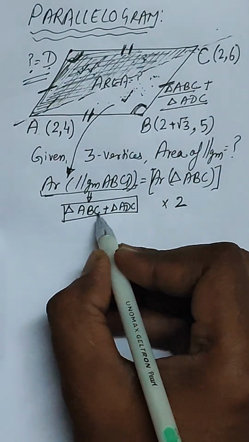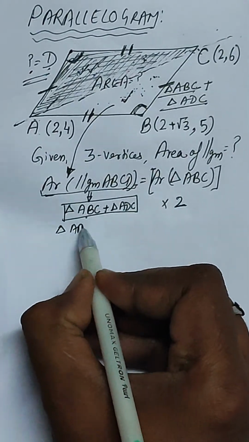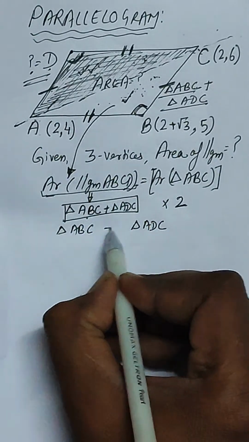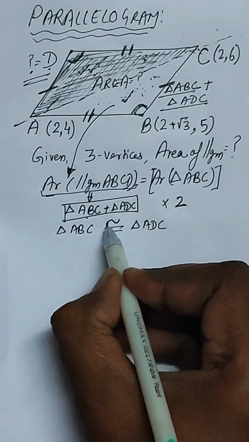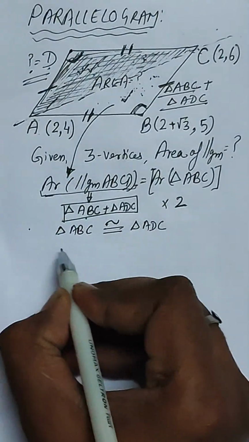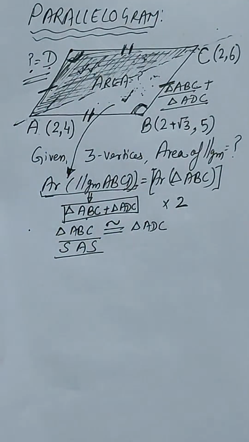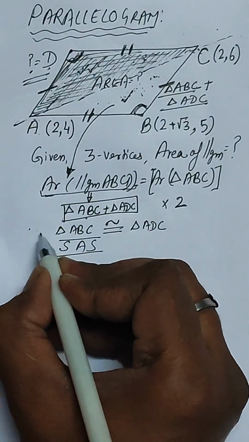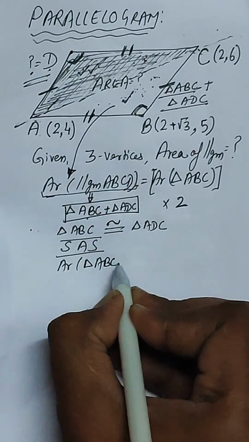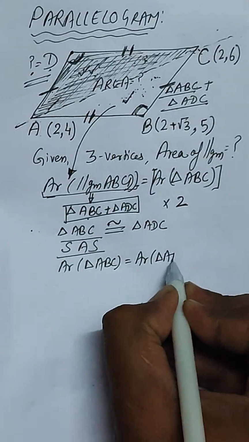As we proved that triangle ABC and triangle ADC are congruent to each other by side angle side, we can say that the area of triangle ABC will be equal to the area of triangle ADC.